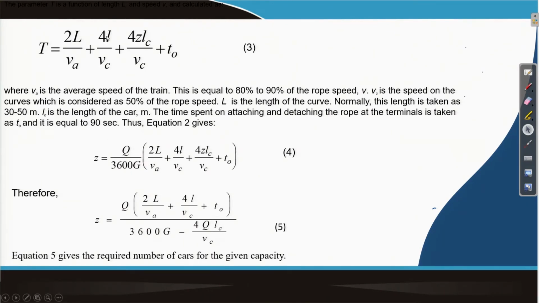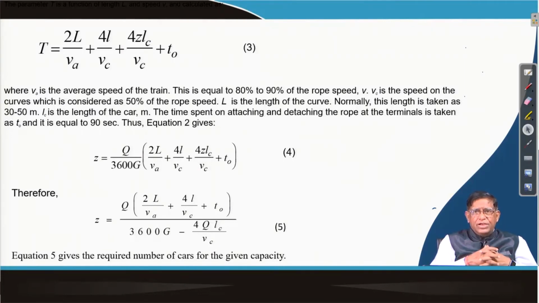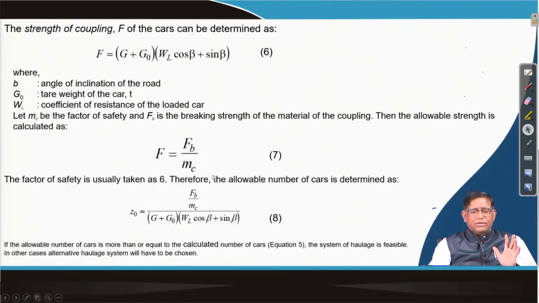Deriving this equation is very simple; just the general knowledge you studied in school is necessary. Another thing is that, as a mining engineer, you will have to know how many cars exactly you should have for maintaining your productivity. That type of calculation you can easily find out from these simple calculations.